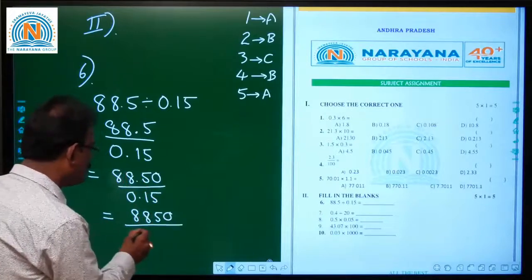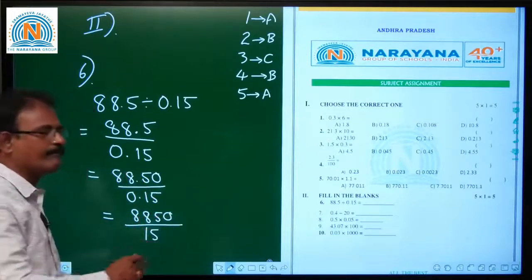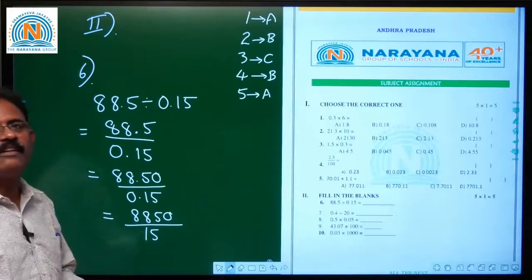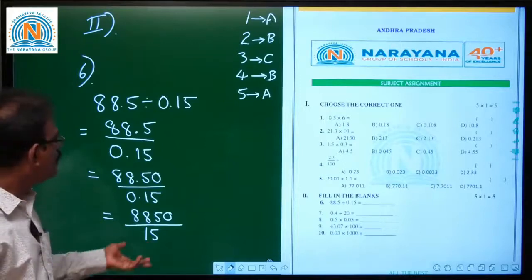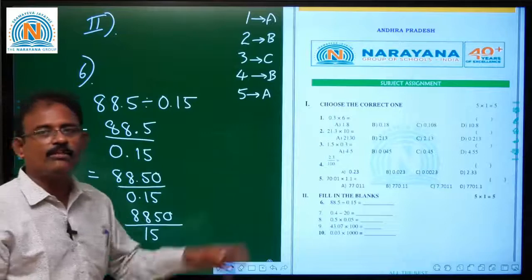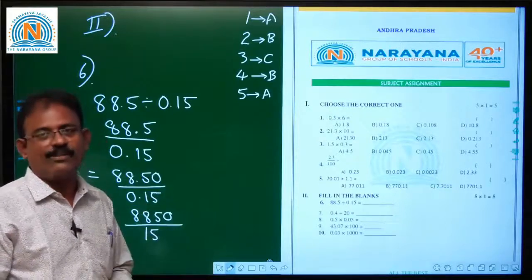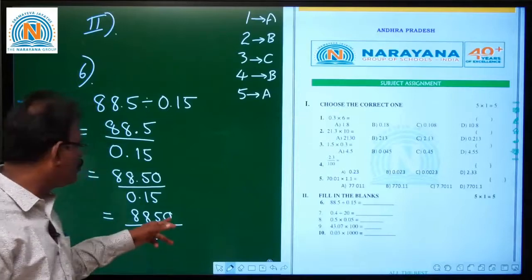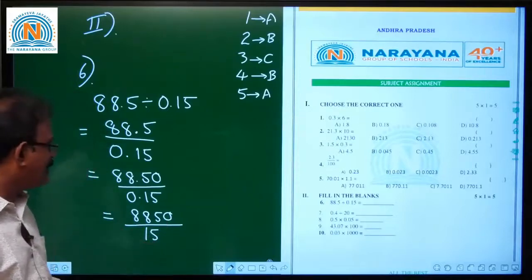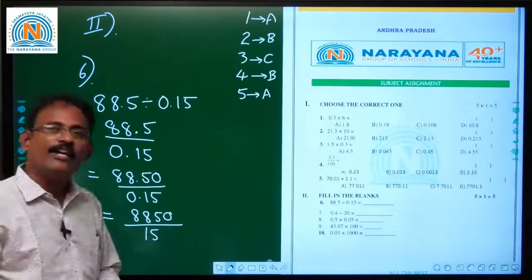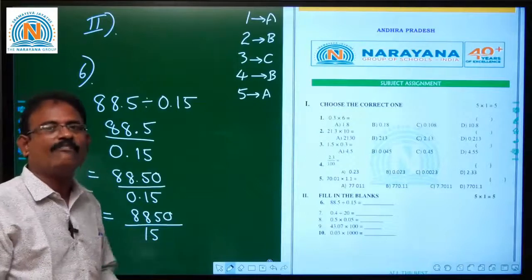8850 by 15. Now let us go through the normal division, or let us recall the tests of divisibility. As 0 and 5 are in the units place, it is divisible by 5.